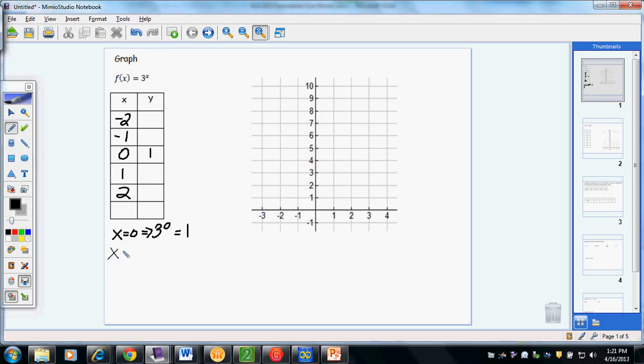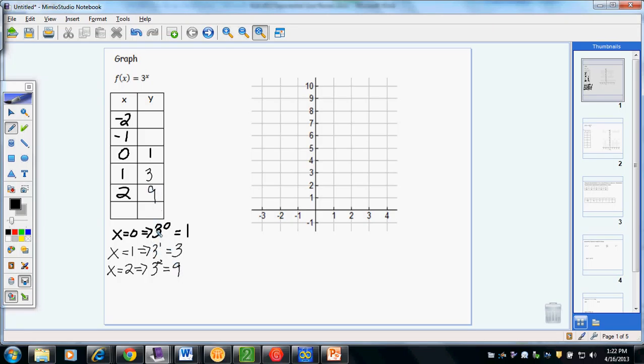When x equals 1, we plug in a 1 for the x up here, and we get 3 to the first power, which is 3. Okay? When we have x equals 2, then this implies 3 to the second power, which equals 9.